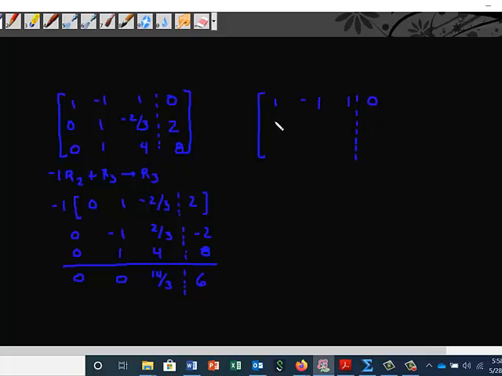So this will be 0, 1, negative 2 over 3. This will be 2. And this will be 0, 0, 14 over 3, and 6.